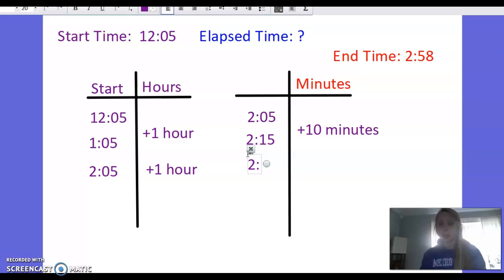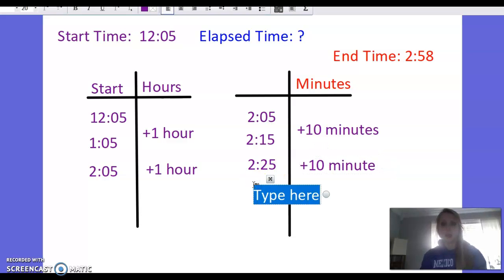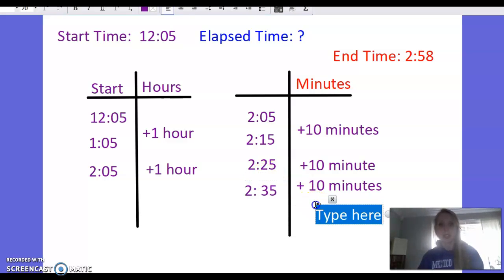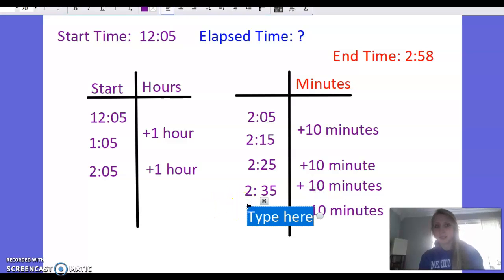So 10 minutes plus 2:15 would be 2:25, plus 10 more minutes would be 2:35, plus 10 more minutes would be 2:45.